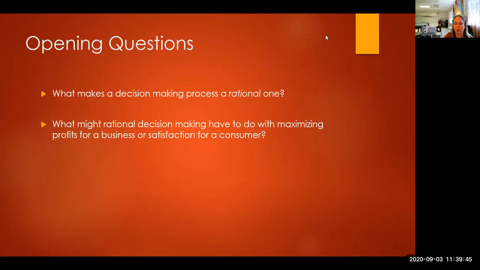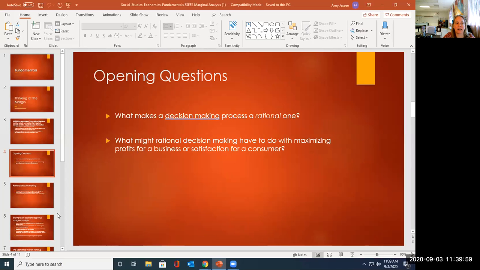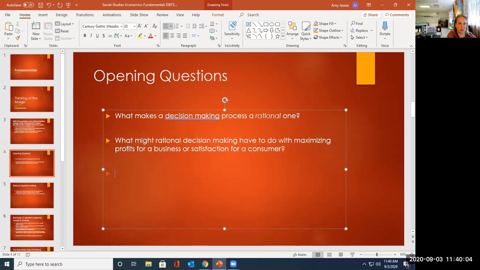So a couple opening questions here. One thing I want you to think about is what makes a decision-making process a rational one? Also, what might rational decision-making have to do with maximizing profit for a business or satisfaction for a consumer? And I'd like to add one more.